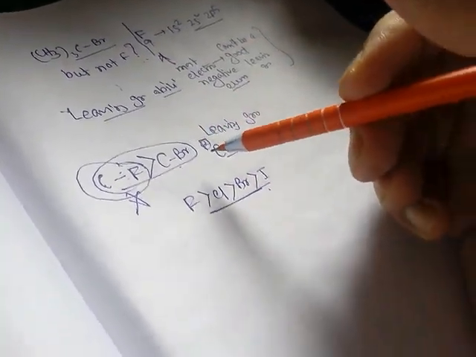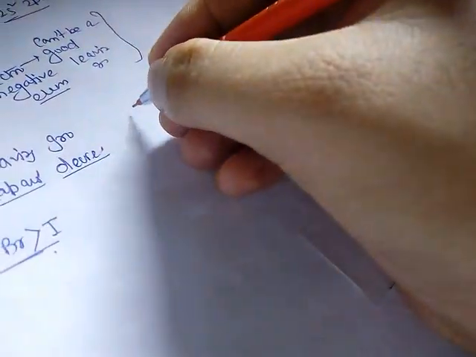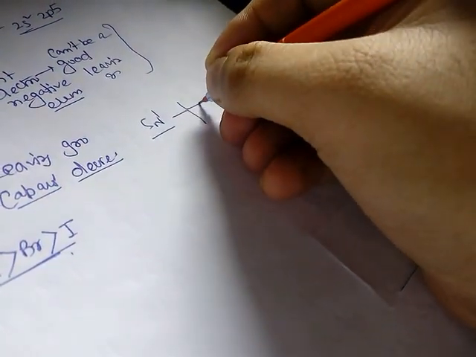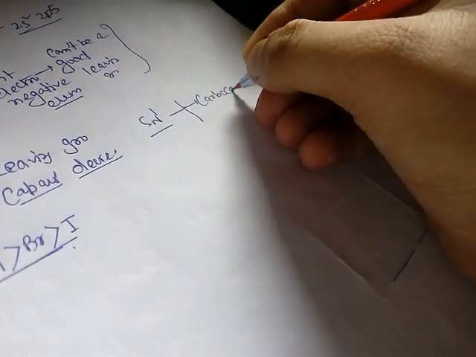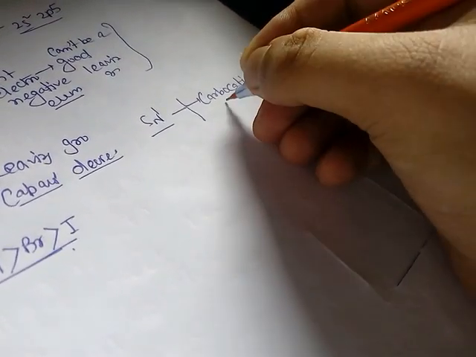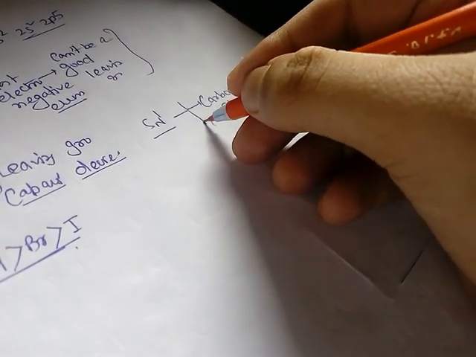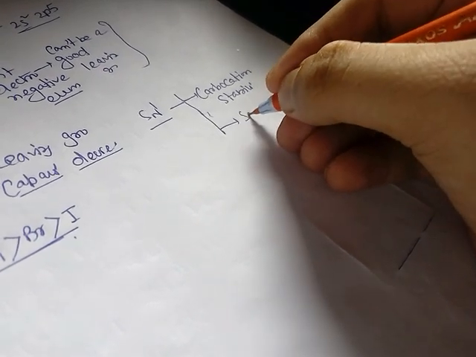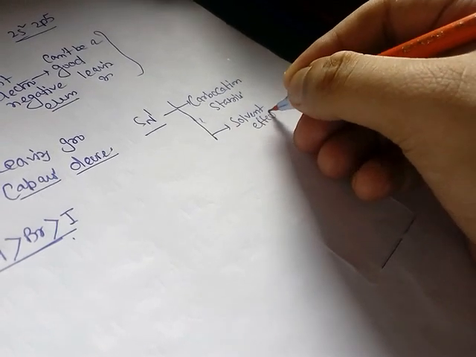Remember this point. In this type of SN1 reaction, there are 3 main points. The first one is the carbocation stability. The second one is the solvent effect.